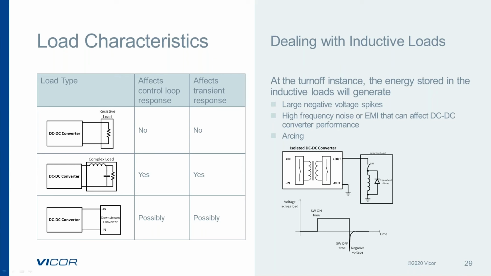In many cases, a freewheeling diode is placed across the coil to keep current flowing, so you don't get a large inductive spike, or a negative spike, back to the converter. So this is an example of a load that can affect the performance or operation of the DC to DC converter.